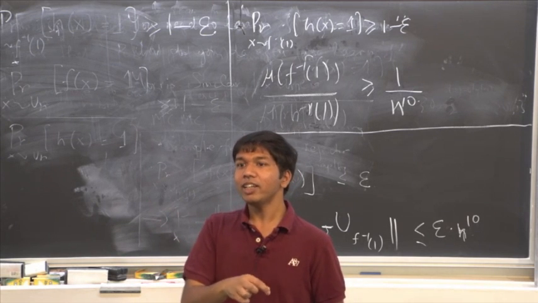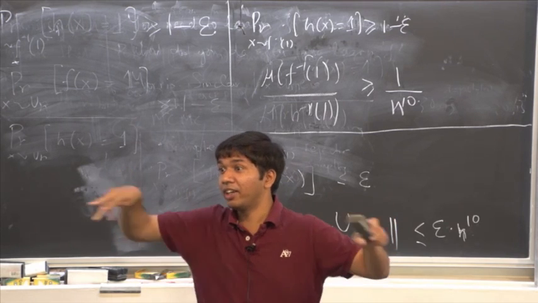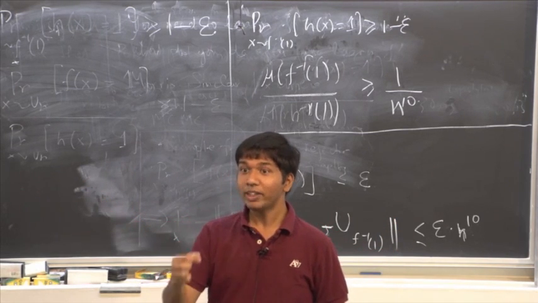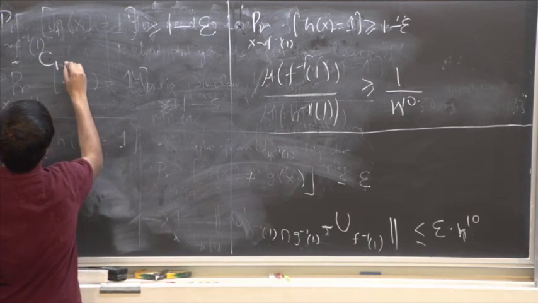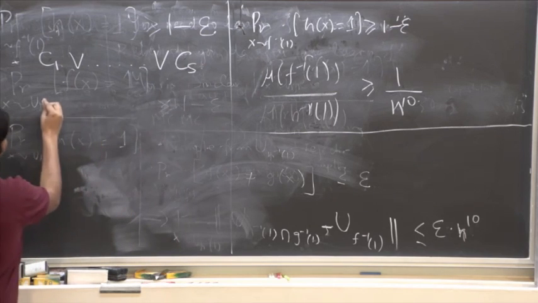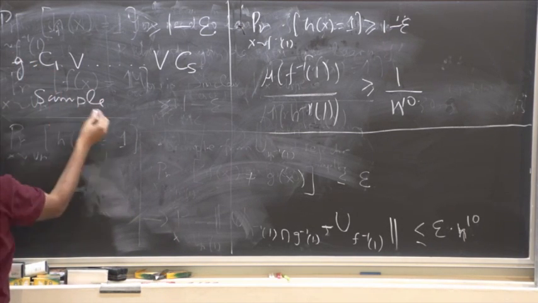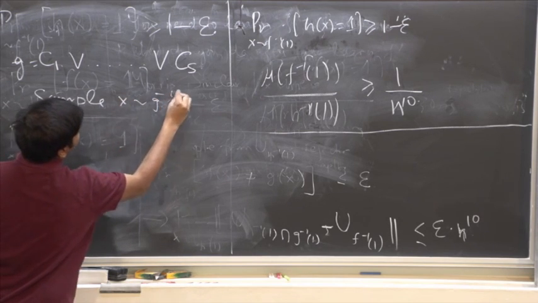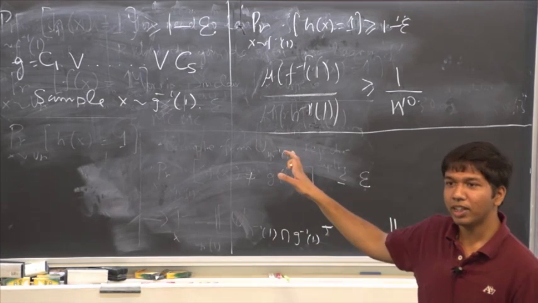It's a polynomial term DNF, let's say an S term DNF, so there are S terms. Let the DNF be C1 or C2 or ... or CS. Let G be this. Sample x from G inverse 1. This can be formalized very easily.